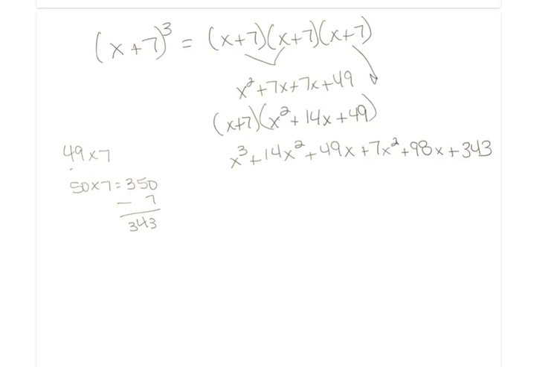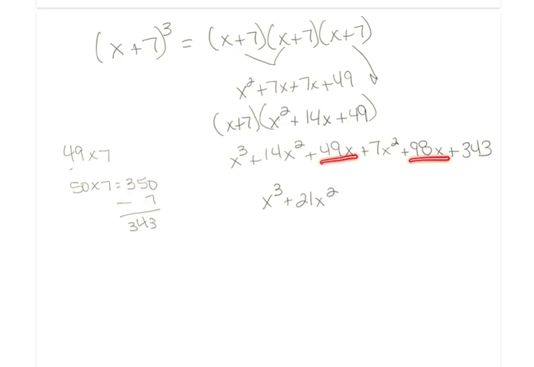And then now we just need to go through and kind of combine like terms. So if we start with x to the third, do we have any other x to the thirds? Nope. So we got x to the third, right? Now we can go with our x squareds. How many x squareds do we have? We got 21x squareds. Then we can look at our x's.